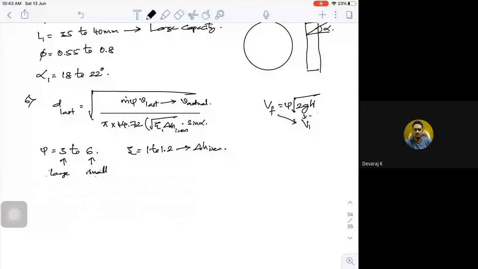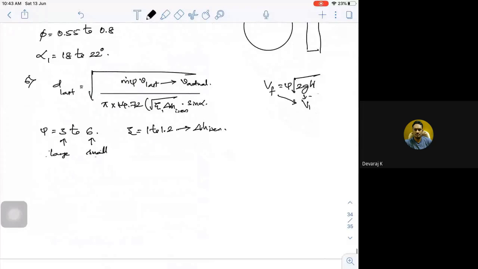And roughly, the diameter of the last stage is around 1.5 times the diameter of the first stage. That means it is expanding.